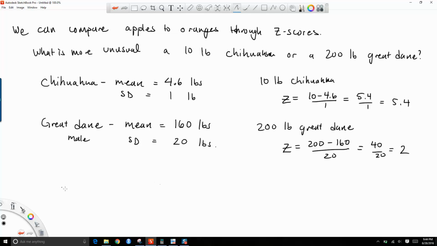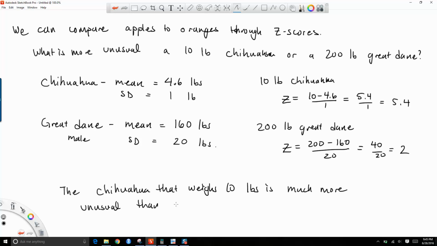So the Chihuahua that weighs 10 pounds is much more unusual than the 200-pound Great Dane.